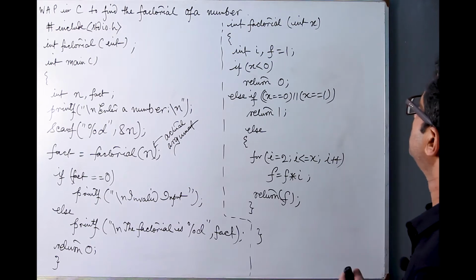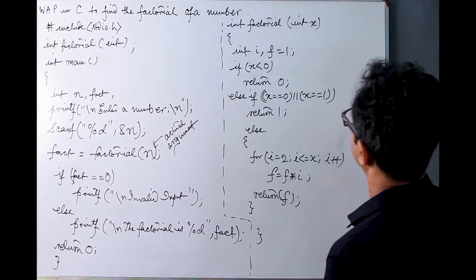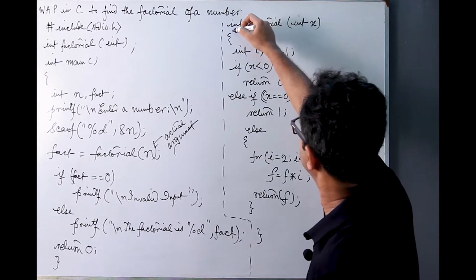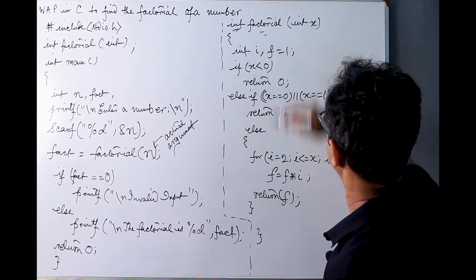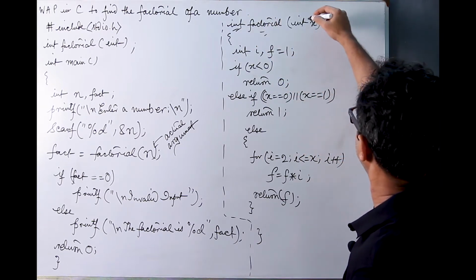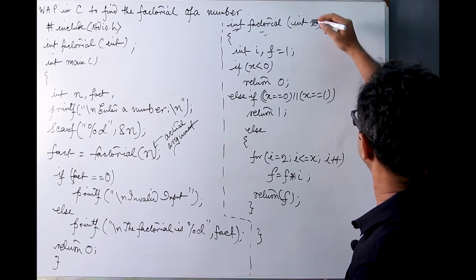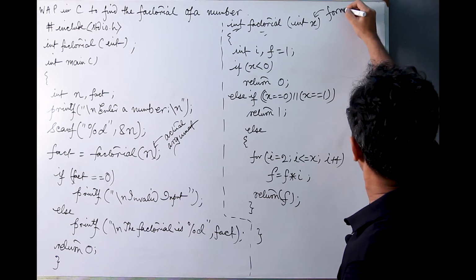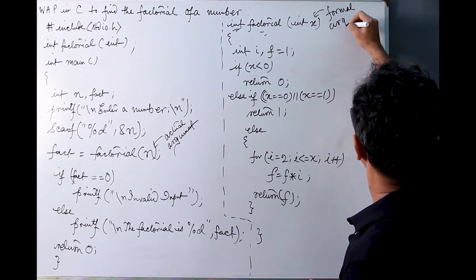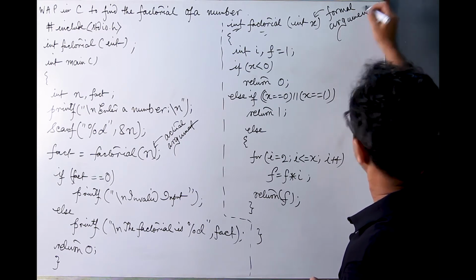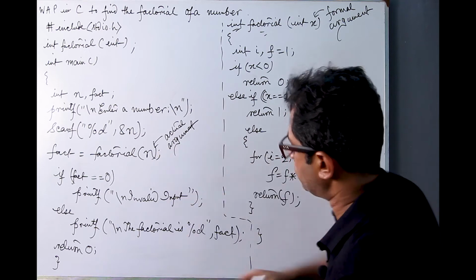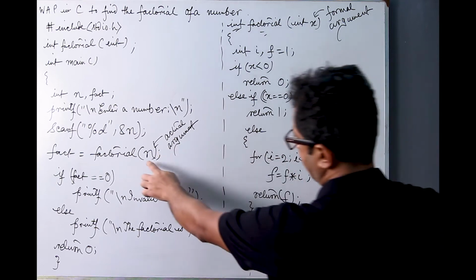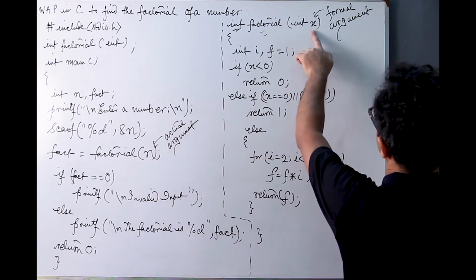Then comes the function definition portion. In this function definition portion, this is the return type, this is the name of the function, this is the argument with the data type, and this argument, this x, is called the formal argument. Whatever is the value of the actual argument n will be copied into this formal argument.